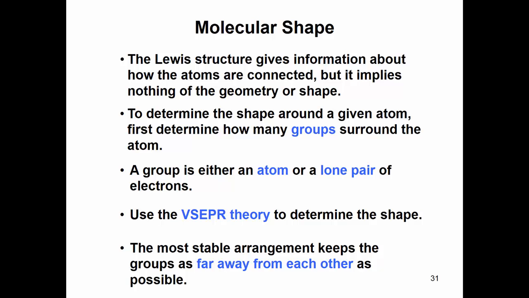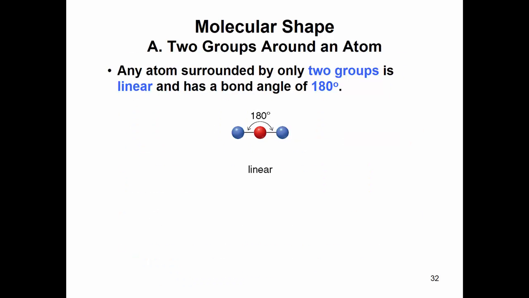So a molecule is going to assume the shape that puts its groups as far away from each other as possible, because they would rather that their orbitals, where their electrons reside, be as far apart from another orbital, because they repel each other. Negative and negative repel. That's the idea behind the VSEPR theory, and behind why molecules assume certain shapes.